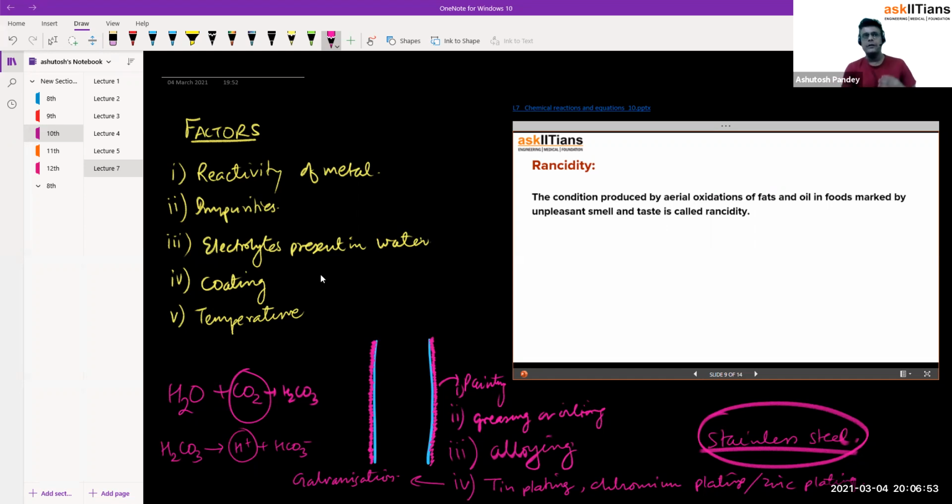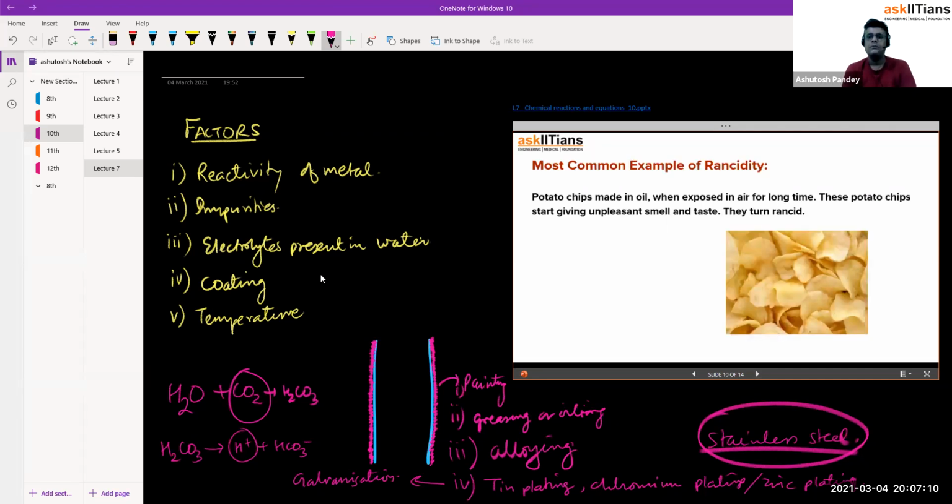The most common example is potato chips made in oil. When exposed to air for a long time, these potato chips start giving unpleasant smell and taste, so they are called rancid items. So this is rancidity.